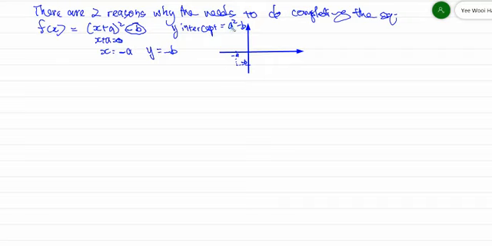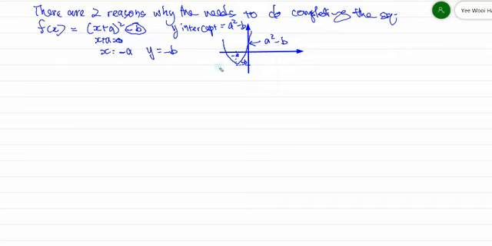So this value here will give you the y-intercept. And this is your a squared minus b. When x equals 0, the y value is your y-intercept.